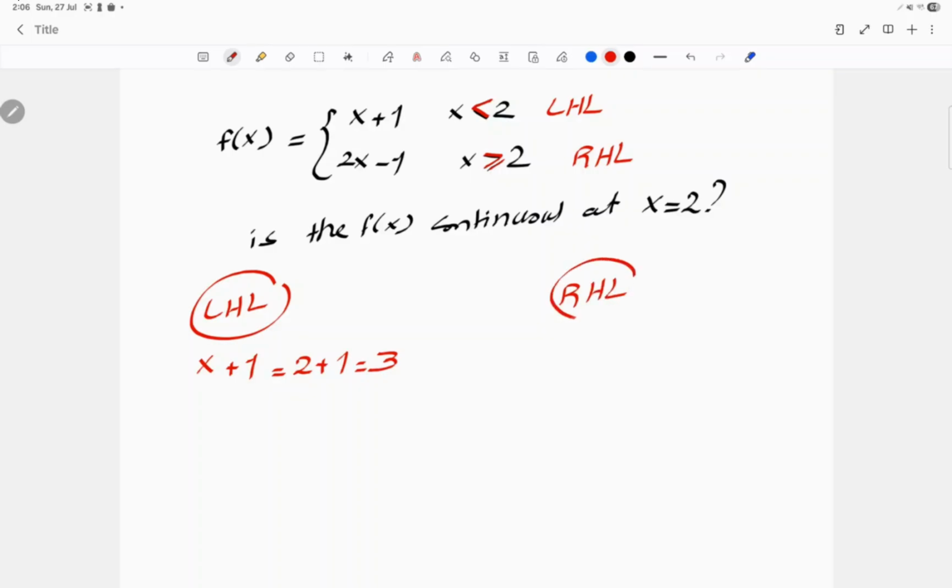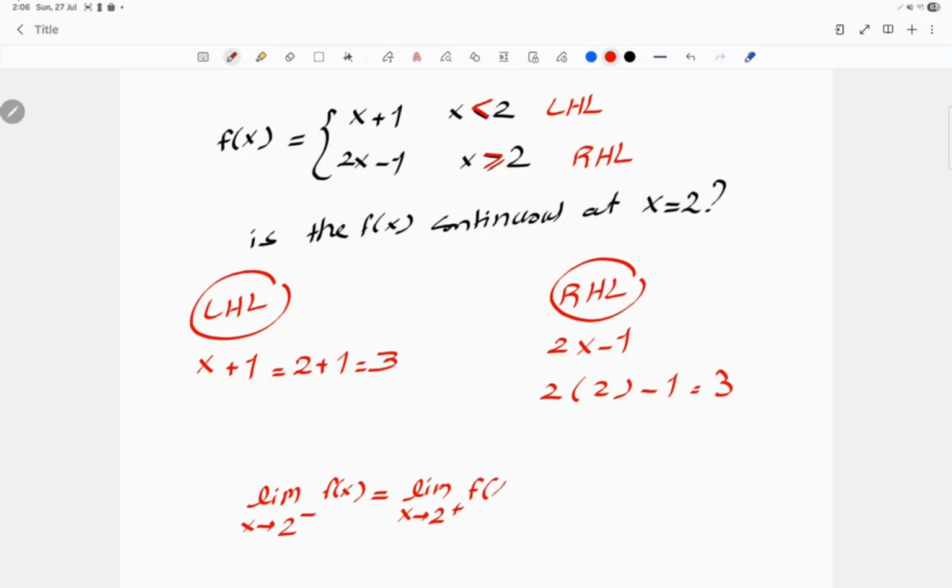Right hand limit, 2x minus 1, and instead of x, put 2. So, good news, the limits are the same as each other. The limit as x approaches 2 from the left is the same as the limit from the right, which equals 3. That's good news so far, right?